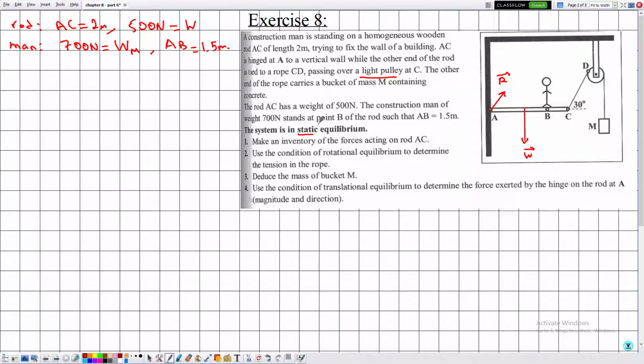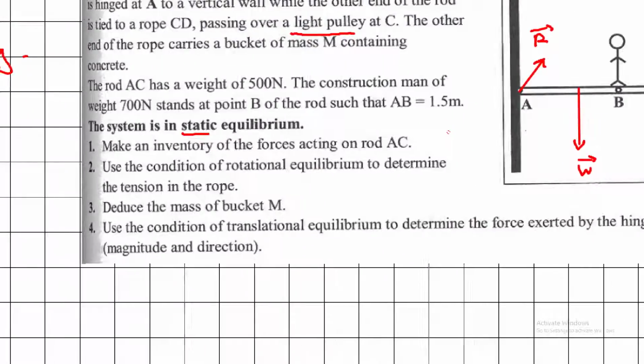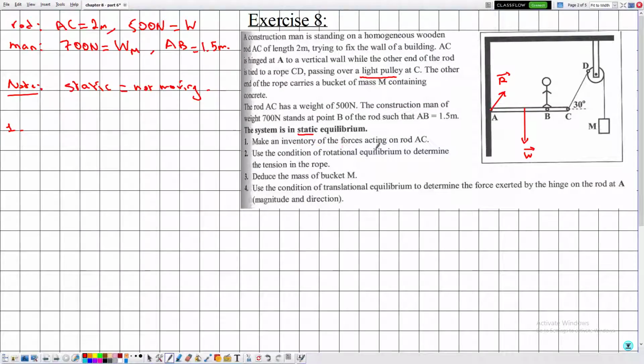So here, consider the following note: static means not moving. Now in number 1, notice the following question: make an inventory of the forces acting on rod AC. Inventory means that we investigate the forces that are acting on the rod.